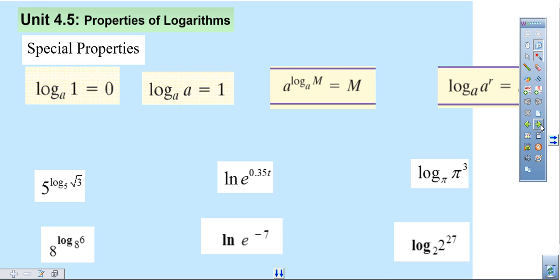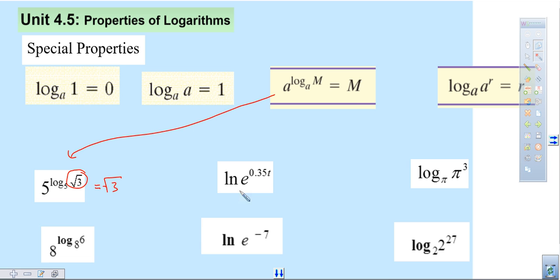What I want to do on this screen is apply the properties we've looked at. On the first one, my bases are the same, so my answer is whatever I have as my argument, so my answer is the square root of 3.